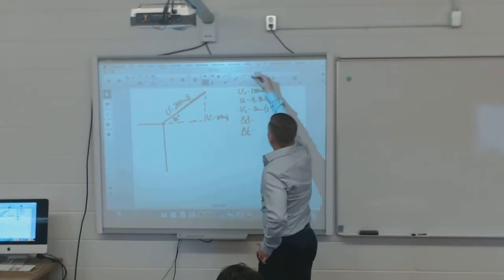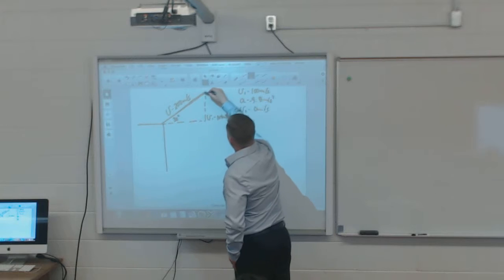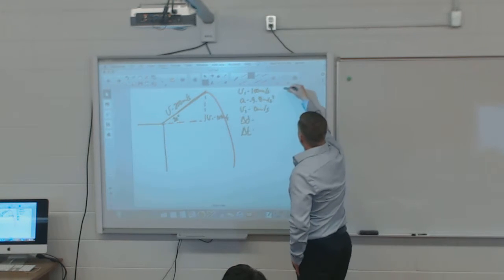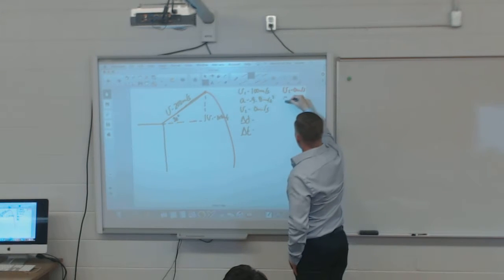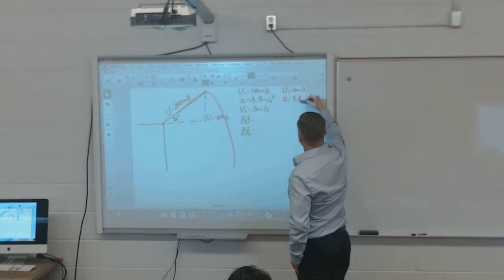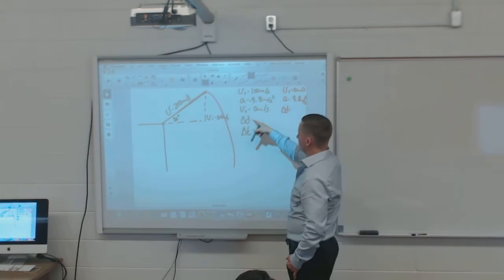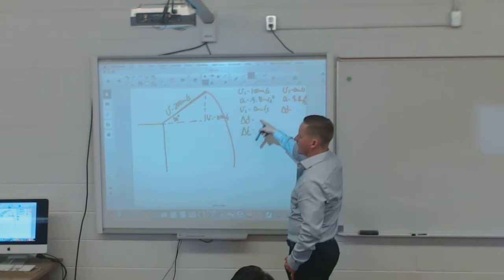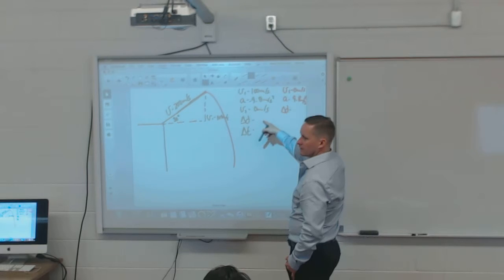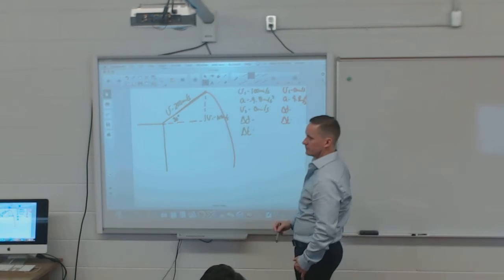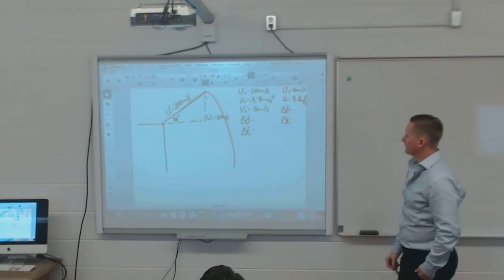My second stage is I'm going to go from here down there. In that case, my V1 is 0 meters per second, my A is 9.8 meters per second squared, and my D will be 125 plus that. Then I can calculate the time it takes to fall.